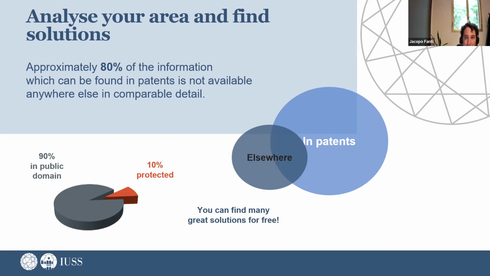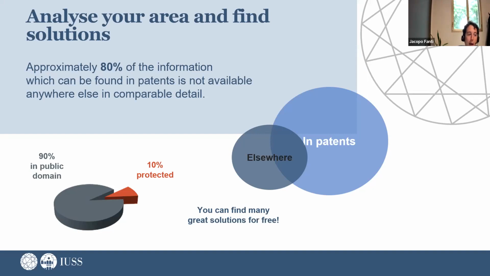In the patent database you can find many great ideas for free, because probably the patent is no longer alive because people haven't paid the fees in order to maintain the patents. This means that you cannot protect the same invention claimed in that patent, but you can exploit that invention, that technology claimed in the patent, commercially.